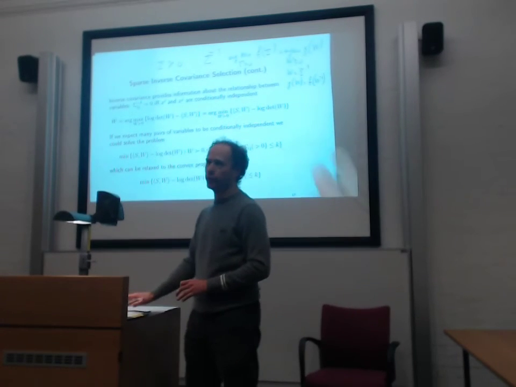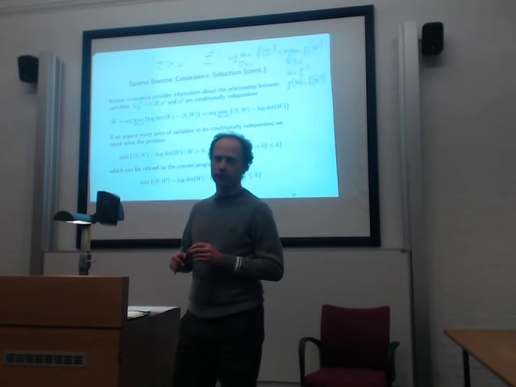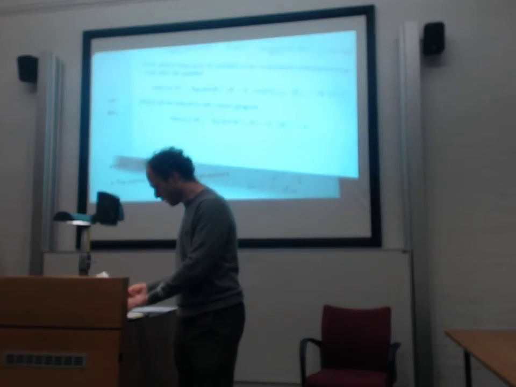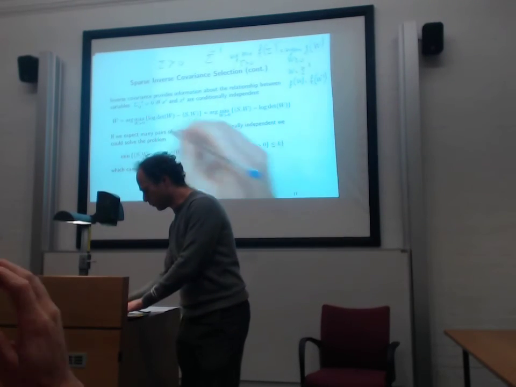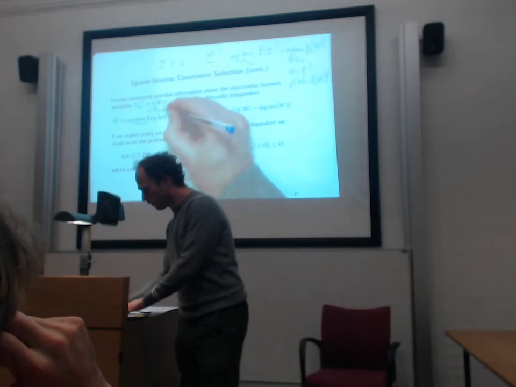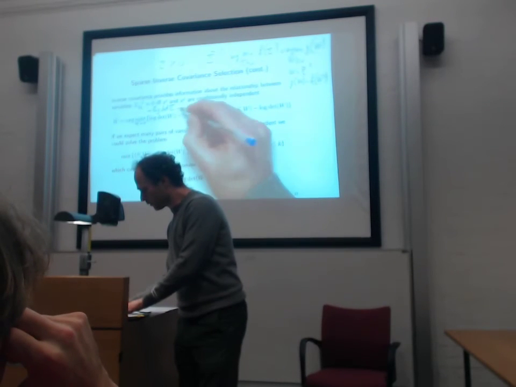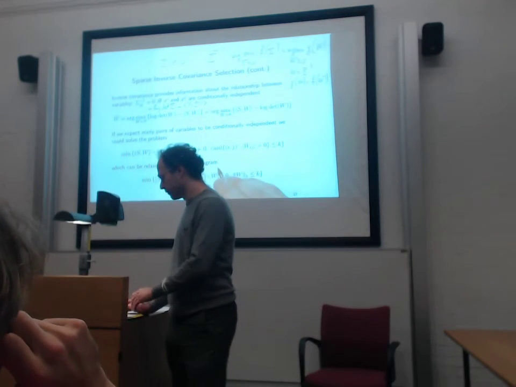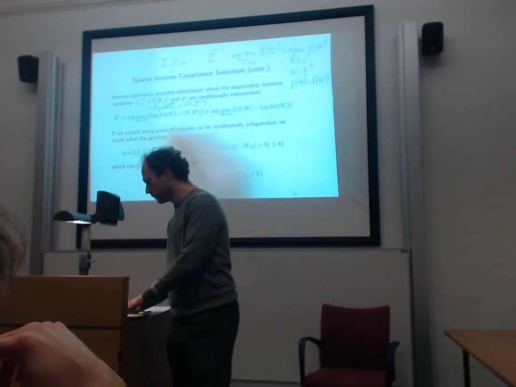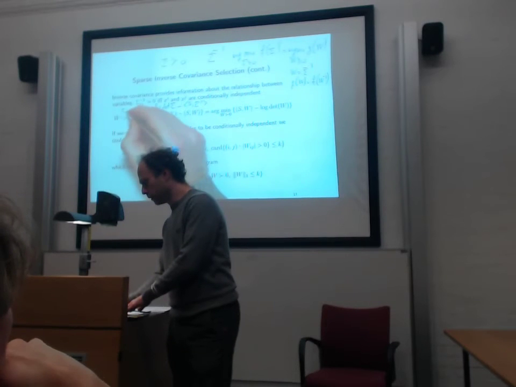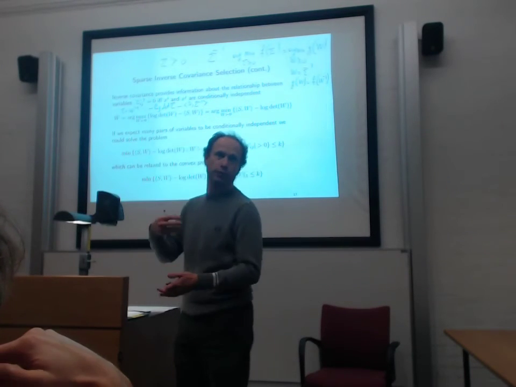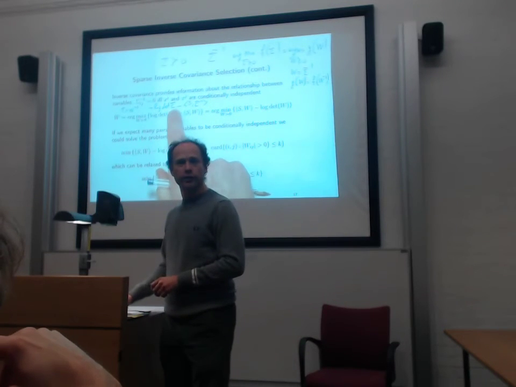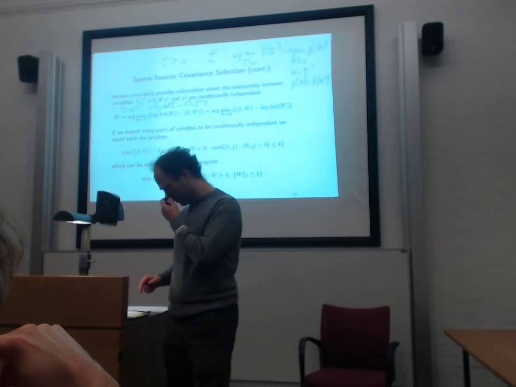This is a very complicated way to say that my objective function, which was minus the log determinant of sigma and then minus trace of s sigma minus 1, I make a change of variable, so sigma is equal to w minus 1, or w is equal to sigma minus 1.